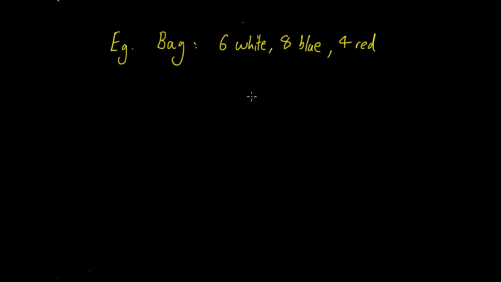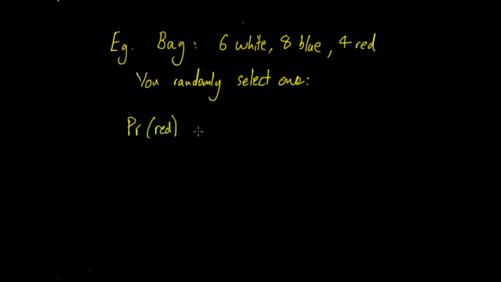So these are all in the bag. So there's nothing else in the bag. So you randomly select one. And you can just assume that they're all mixed up. So yeah, it's like before. For you to get one marble, there's the same likelihood of picking another one. So what's the probability that you pick a red one?